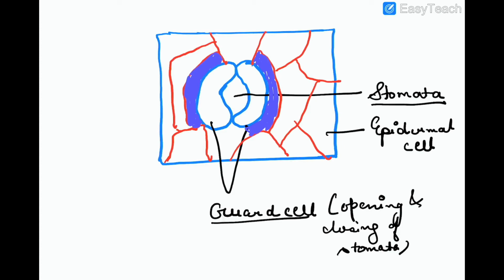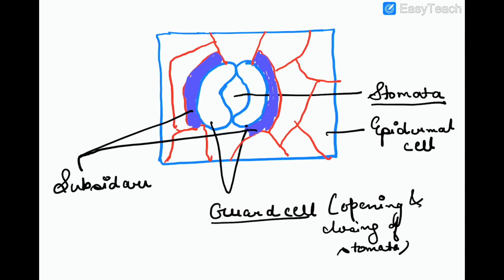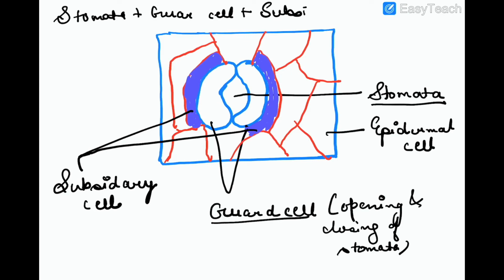These cells are known as subsidiary cells. You should remember that stomata plus guard cells plus subsidiary cells form the stomatal apparatus. So this was about the stomata.